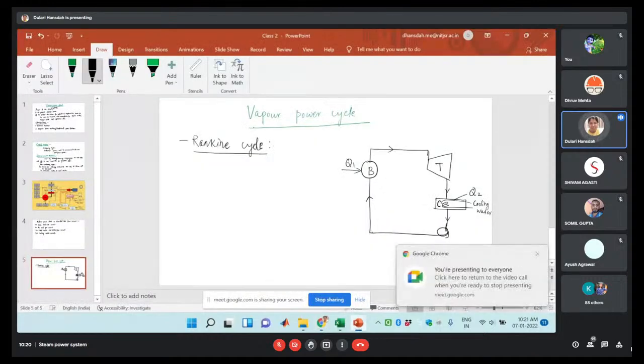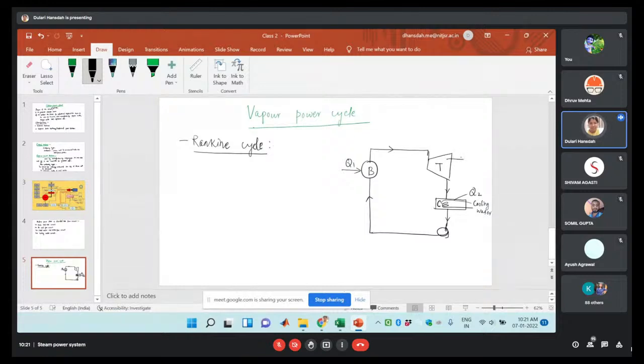In this case, we have constant pressure heat addition and heat rejection processes, and a reversible adiabatic expansion process, so we get the turbine work output. Here there is the pump, where work will be transferred to the working fluid, and this work transfer is in a reversible adiabatic manner.